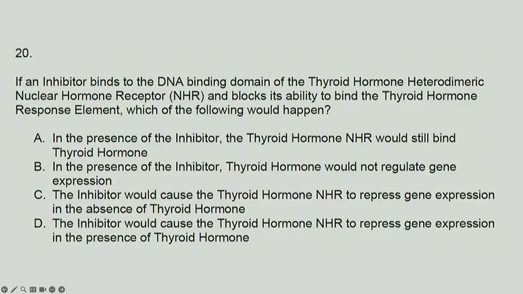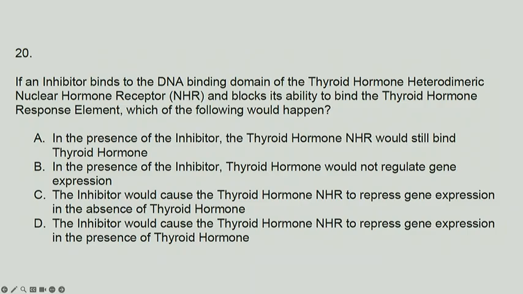It would be expressed, right? The inhibitor is gone. And the inhibitor would cause the thyroid hormone NHR to repress gene expression in the presence of thyroid hormone. No, not that either. Yeah, sorry, I'm getting a little rundown. I'm pretty sure this one is all four, unless I've mixed something up. Okay, right, A and B I already talked about.